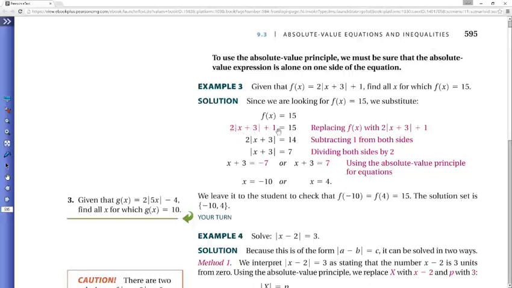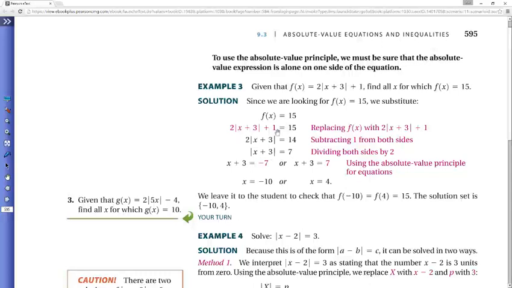What I need to do is solve for the absolute value. I need to get it down to the absolute value, and then I can apply that principle and separate into two different equations and get rid of the absolute value. I cannot do that until I've got just the absolute value on one side of the equal sign, right?